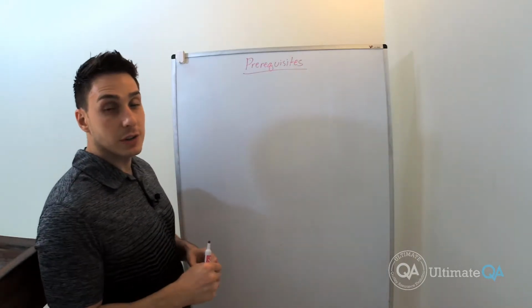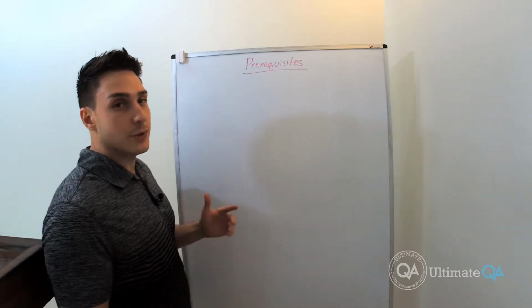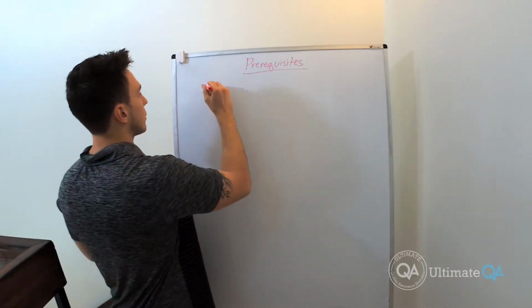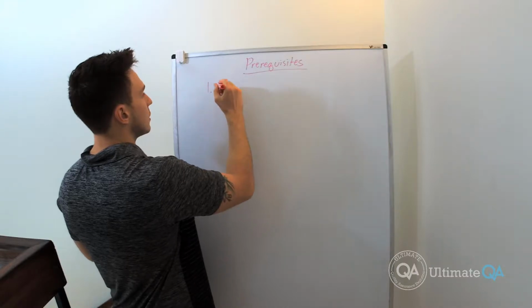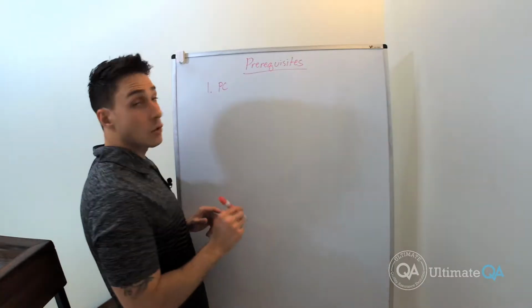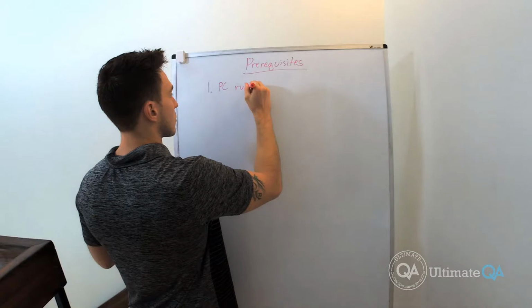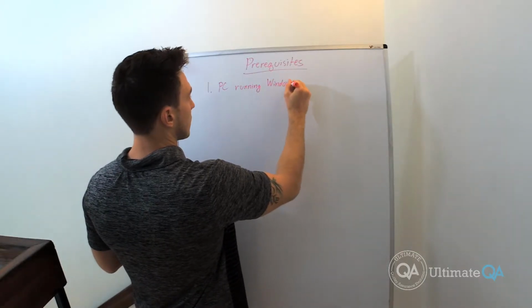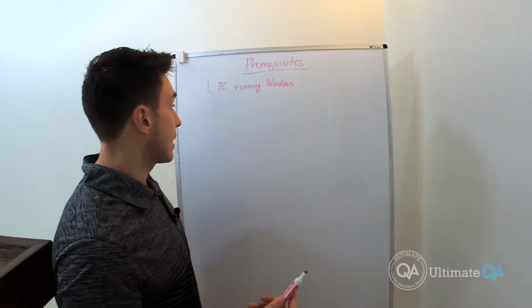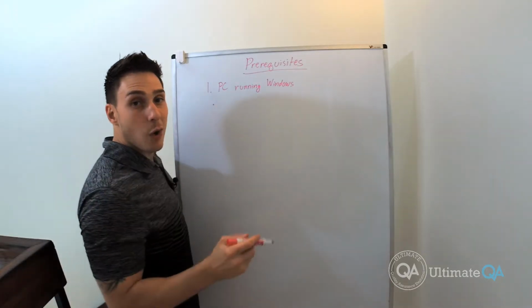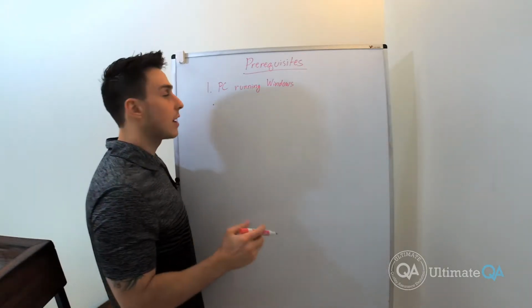And that takes me to my next point. What are the prerequisites for you so that you can actually follow along with the course? Well, first, you're going to need a PC running Windows. I personally have Windows 10, and that's what I'm going to teach in. You'll require basic C# knowledge.